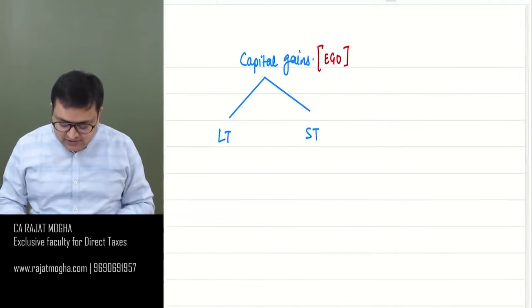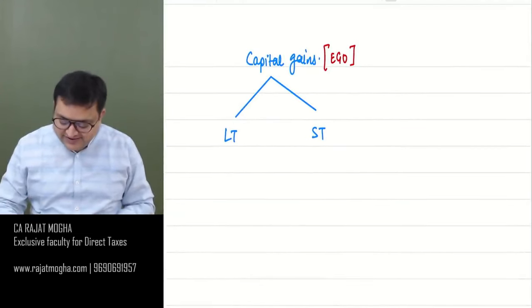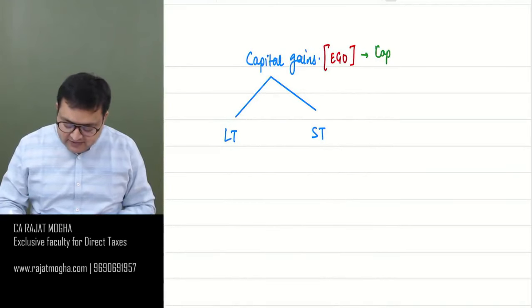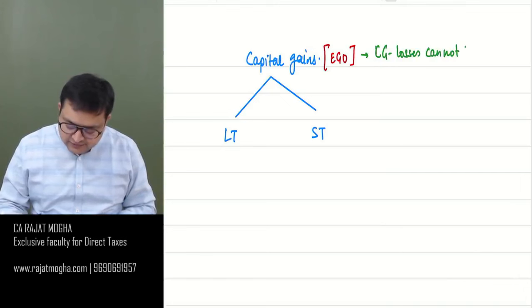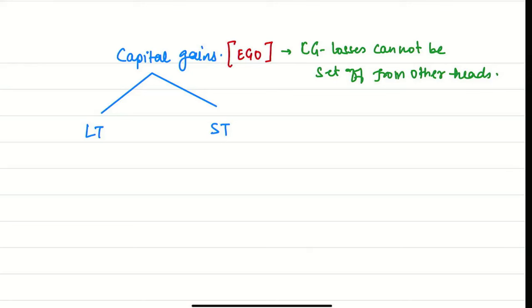So you can actually say that the capital losses, the CG losses, cannot be set off from other heads. So it has an ego problem.